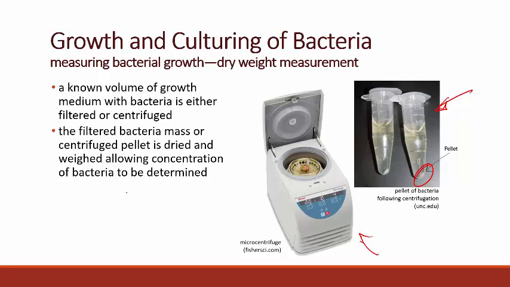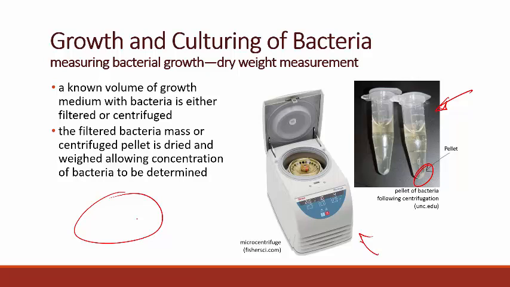If it's a piece of filter paper, you could then dry the whole paper and the bacteria on the paper, and if it's this pelleted form, you would decant the liquid and dry all the liquid out of it, and then you can scrape out that pellet, or you can weigh the whole microcentrifuge chamber, and the additional weight of the bacteria then tells you how much mass of bacteria there is.